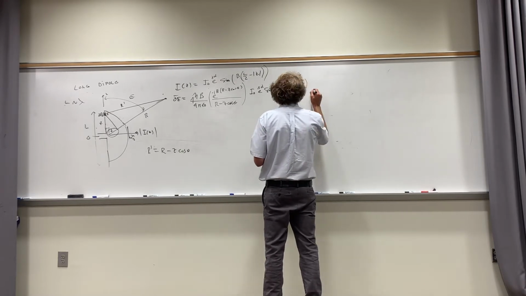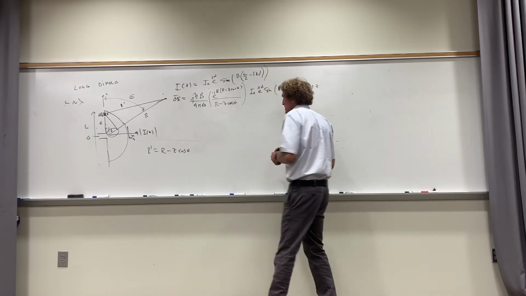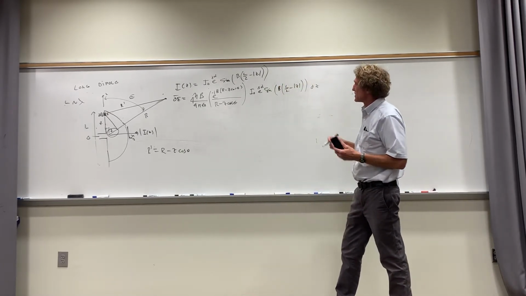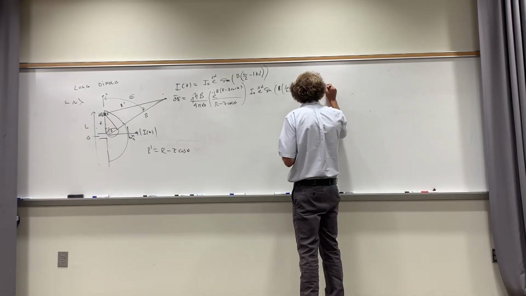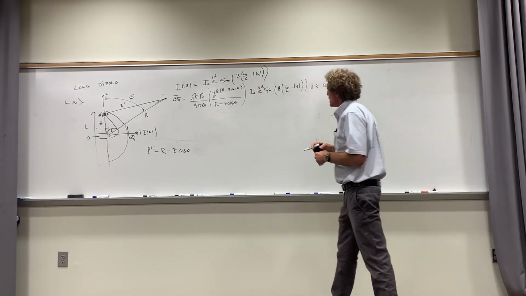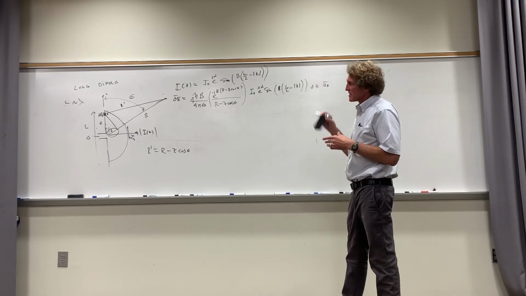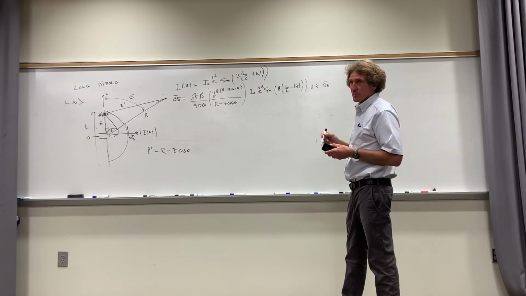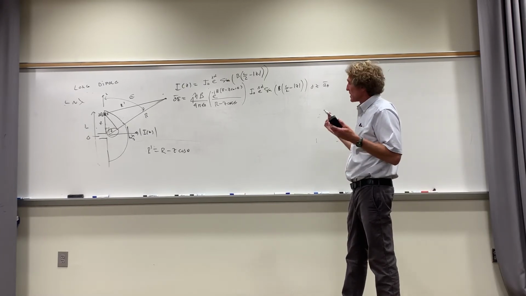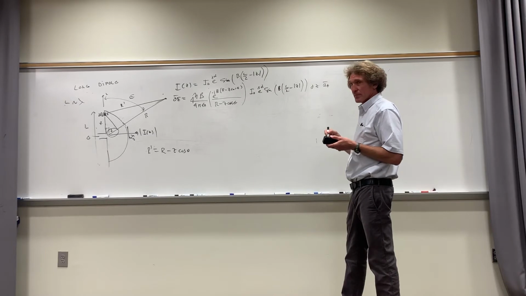And then it's times dz. Just appreciate that's the differential field and it's in the a theta direction. Does that make sense to you? I'm just taking a look at that chunk of current as a dipole, a short dipole, and I got the field. The dipole's length is dz, right?